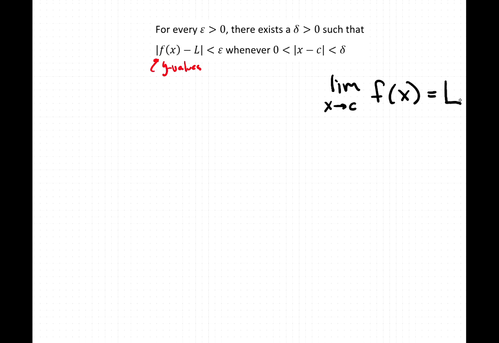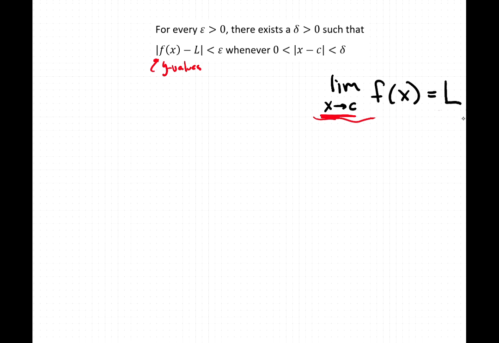Now, we talk about limits informally a lot and say as the x values get really, really close to c, the y values get really, really close to L. That's what this whole limit statement is saying. Well, saying get really close to is not really a technical, mathematical way of describing something.